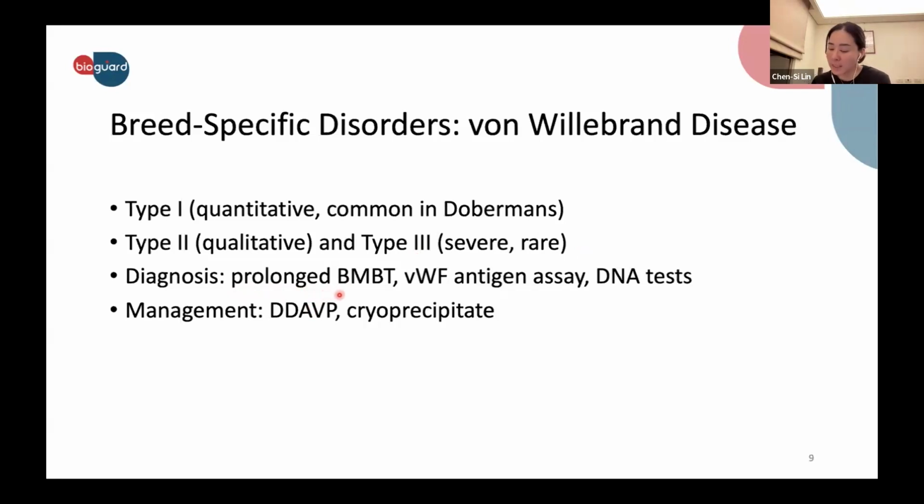If we have an ELISA assay for detecting VWF antigen concentration, we find that the VW factor concentration in their blood is very low. The low amount and defective function of VWF result from a genetic mutation, so we can perform DNA tests to identify whether the case comes from a VW factor gene mutation. That's how we diagnose this disease.